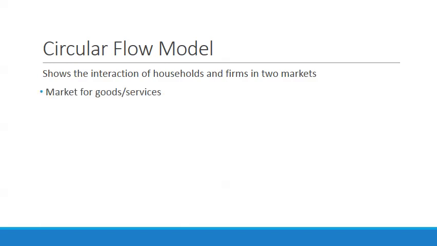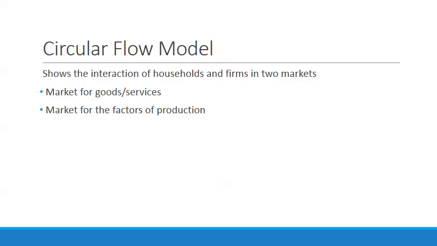So probably the most popular and one of the easiest to understand economic models is the circular flow model, which we just looked at. Remember, it shows the interaction of households and firms in two markets, the market for goods and services and the market for the factors of production. It's in these markets where households and firms are interacting with each other.